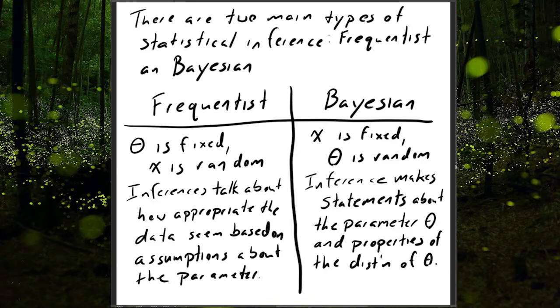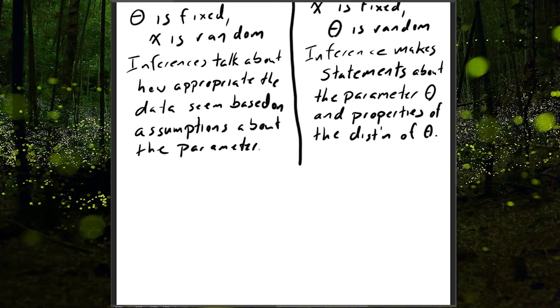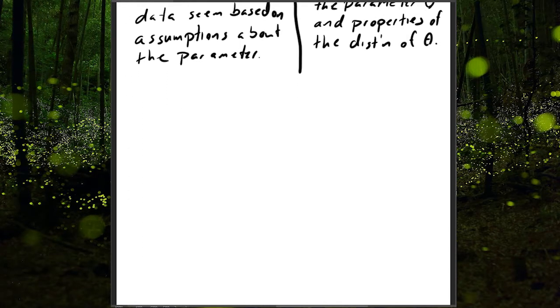Let's look at that in the context of hypothesis tests and confidence intervals. So we've learned about hypothesis tests and confidence intervals as a frequentist. In hypothesis testing, we have this value called the p-value.